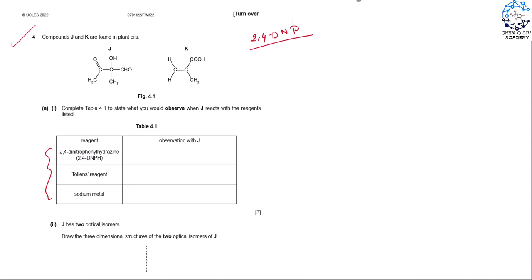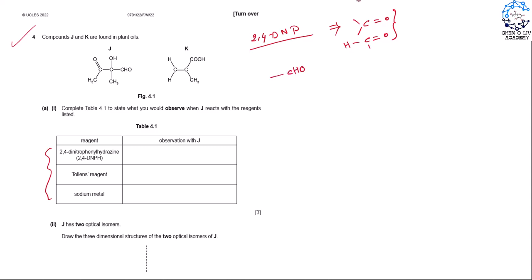So 2,4-DNP is a reagent which identifies C double bond O, which is a ketone or an aldehyde. Only these two groups are identified by the 2,4-DNP test. What about Tollens reagent? Tollens reagent is used to identify the CHO group.